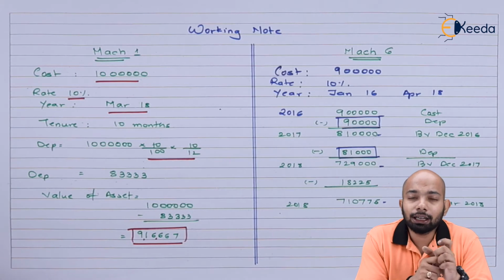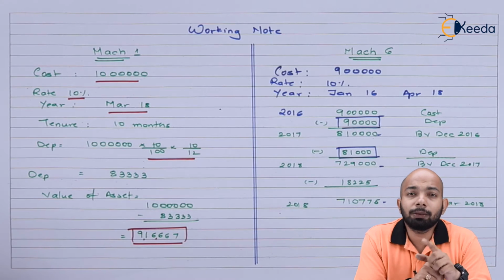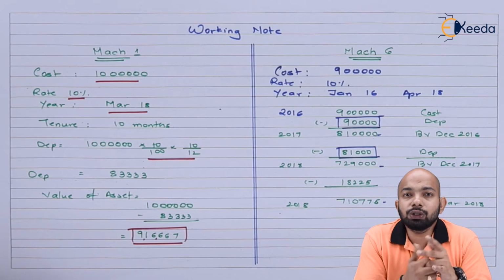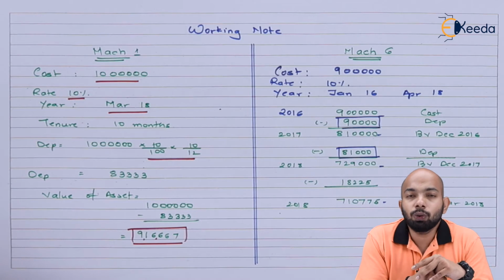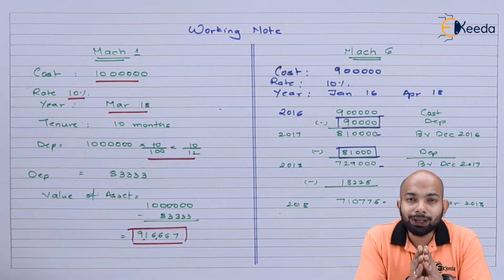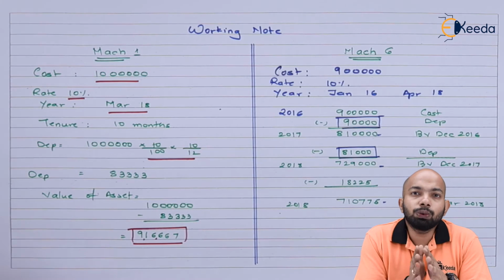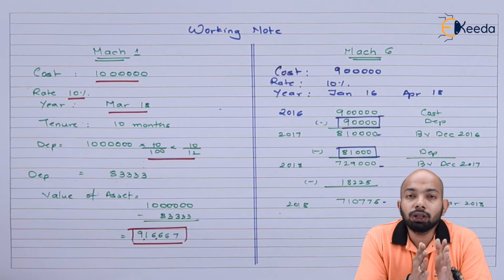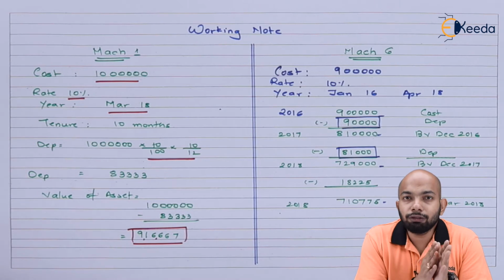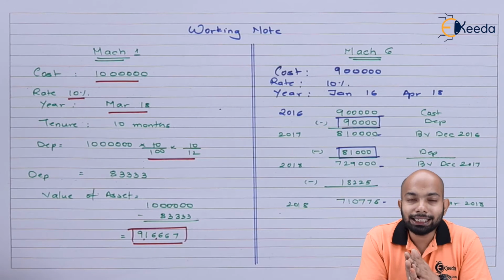Similarly, 7,29,000 multiplied by 10% multiplied by 3 divided by 12 gives you this amount of 18,225 rupees. Now once you subtract this, you get the remainder value, or the written down value of that specific asset as of 31st March 2018.